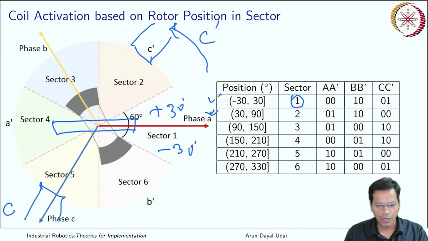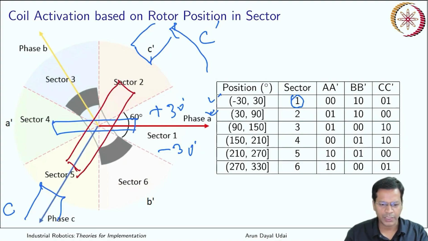Now, because I want to go to a next location which is somewhere over, I want to make my rotor something like this. So I will quickly make this one high and this one low, so that my field is directed something like this. This will take my rotor in this direction.